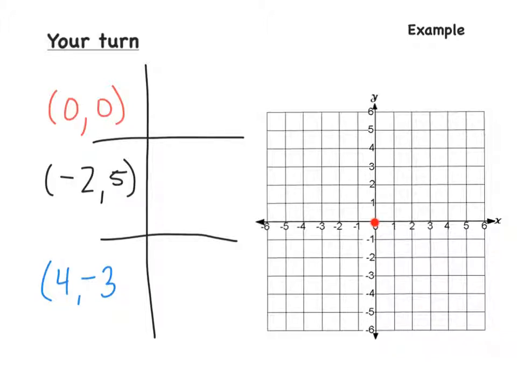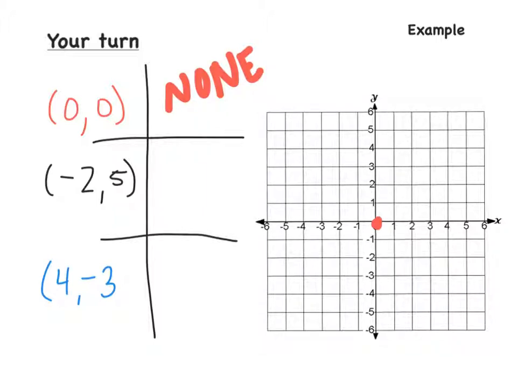On the x-axis we go to the right 0, and on the y-axis we go up or down 0. So we are actually going to make our point at the origin. Which quadrant does that lie in? Since it's directly on the y-axis or the x-axis, it does not lie in a quadrant. So we're just going to put none.